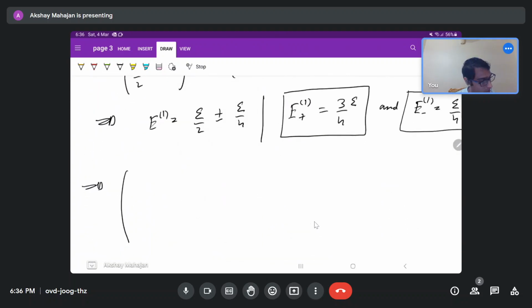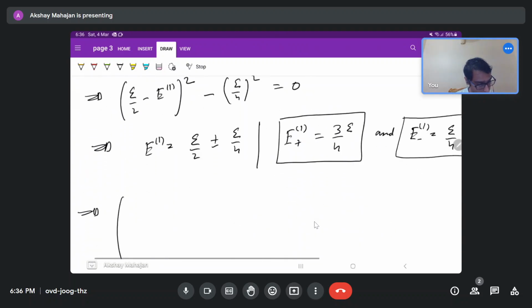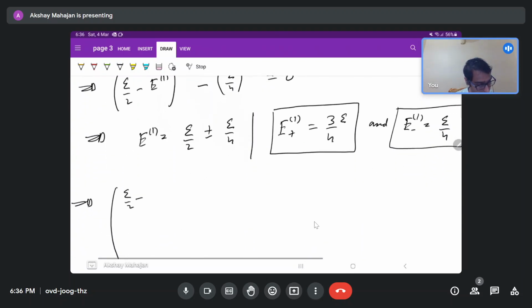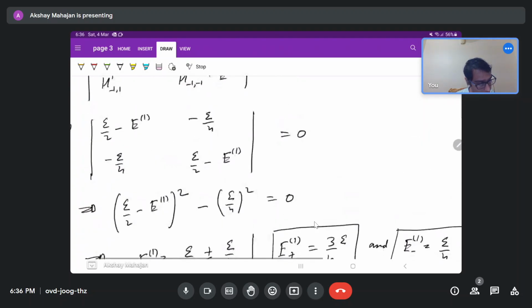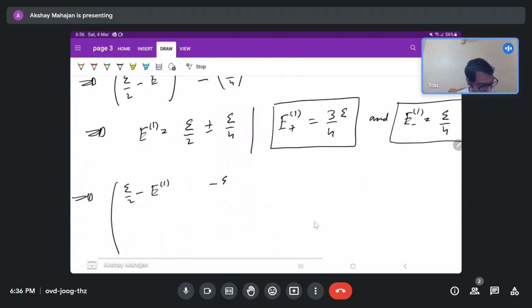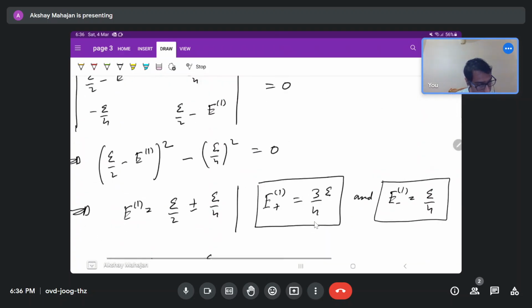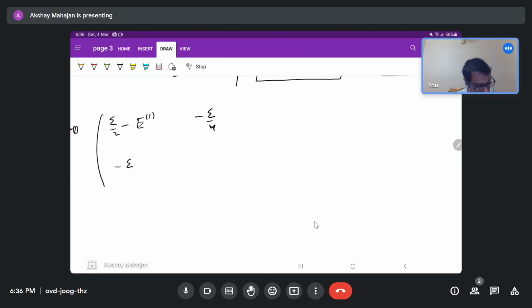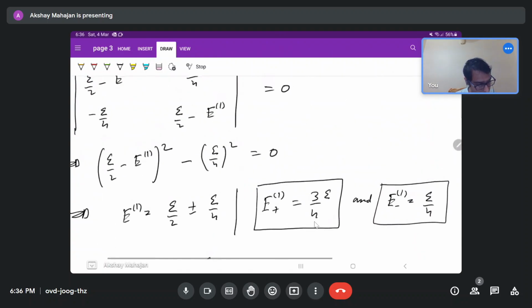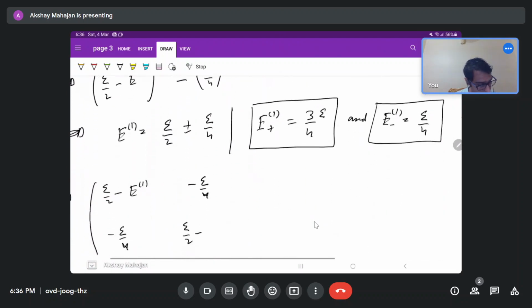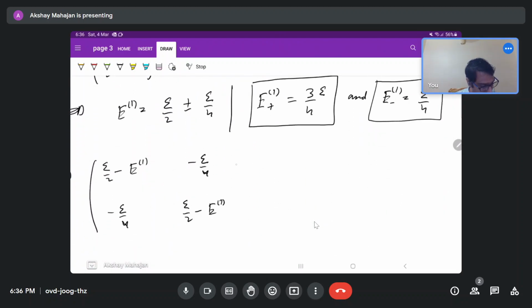Let's write the determinant: epsilon by 2 minus whatever your energy E1 is, minus epsilon by 4, minus epsilon by 4, and epsilon by 2 minus energy E1, times C1, C2 equals 0.